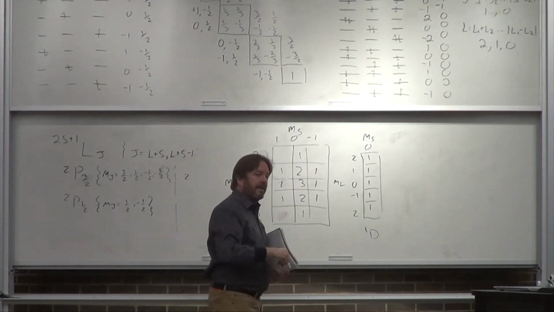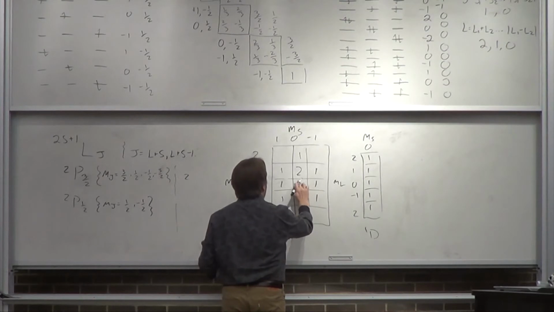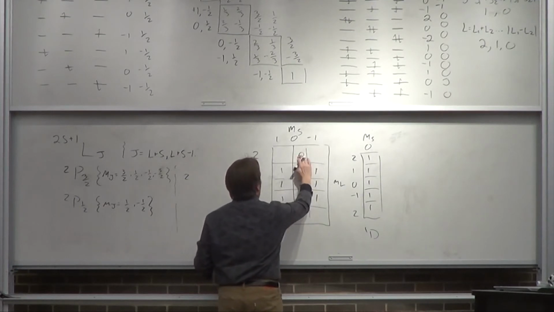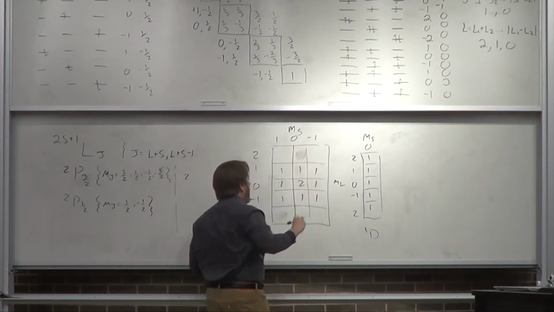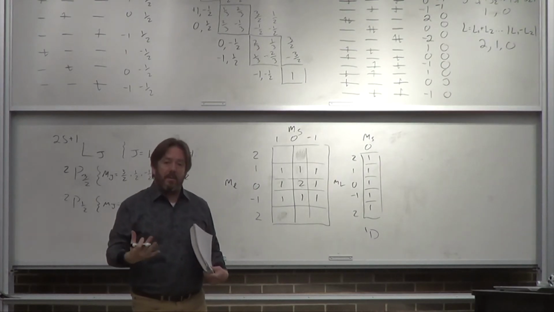That is clearly a singlet D. Okay, now what I'm going to do is then reduce the interior by 1. I'm not writing here, I'm just leaving it blank. Okay. Now what I see, I got to keep going until the table's empty.